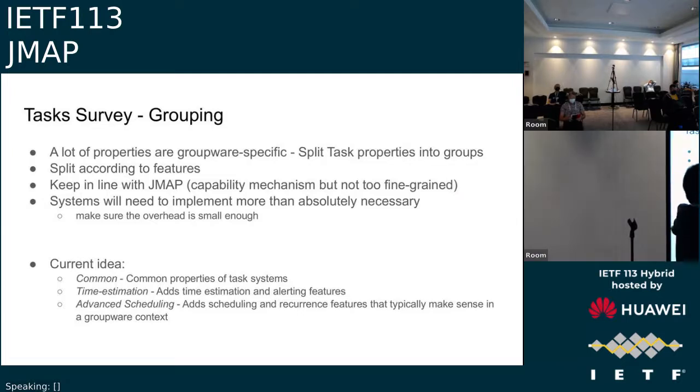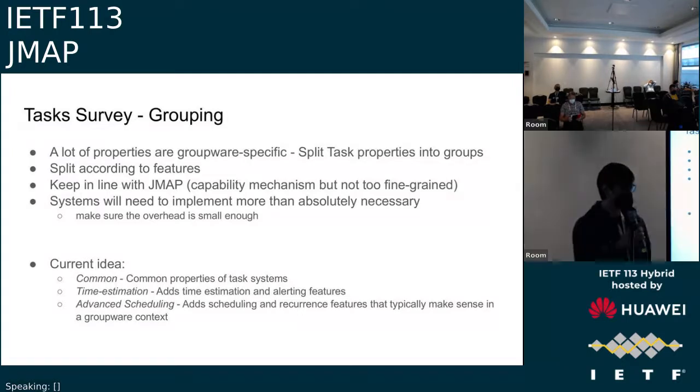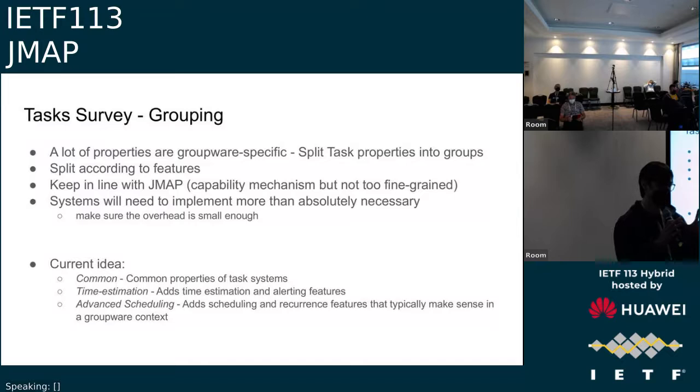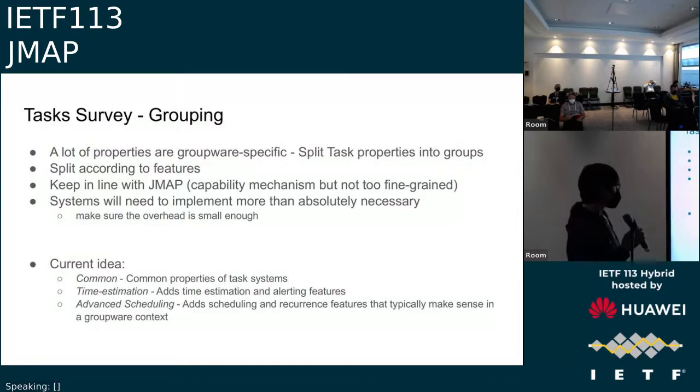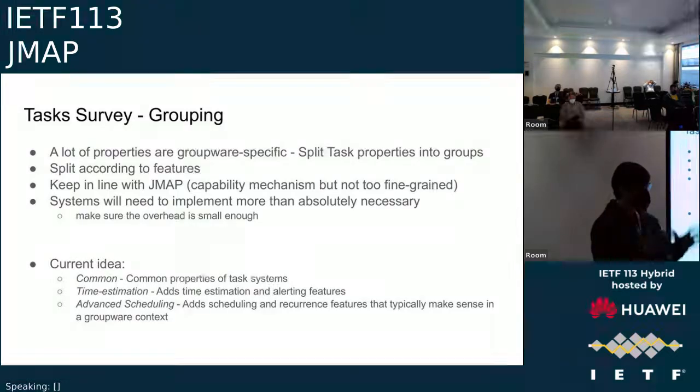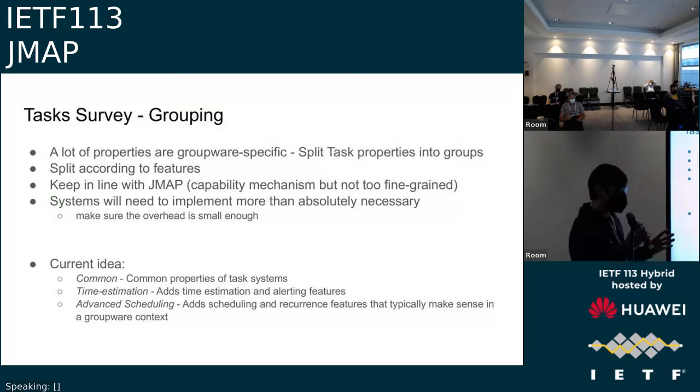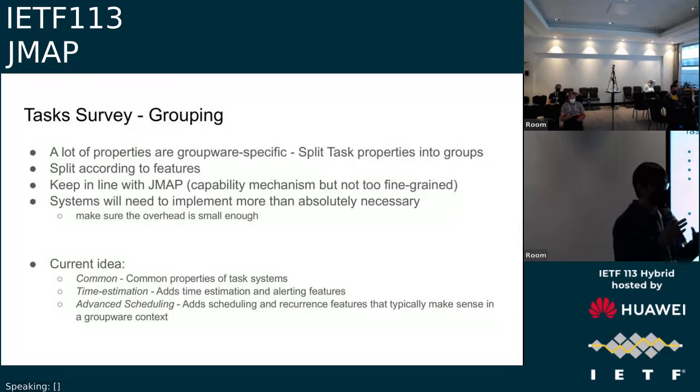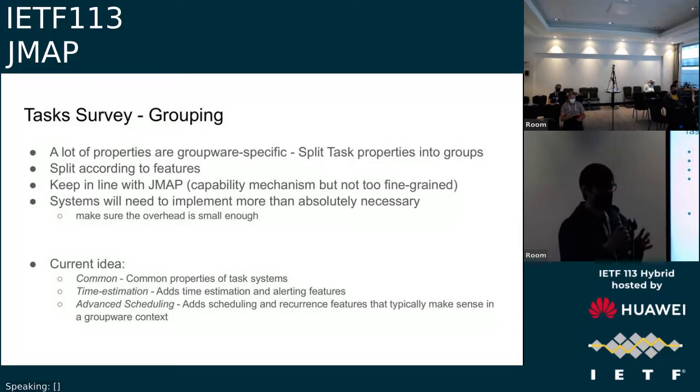That's why I tried to split it into groups, and the idea was to split it into certain feature sets, but keep it in line with JMAP. So use the capability mechanism to display what the server understands and what the client understands, but also not make it too fine-grained at the same time.